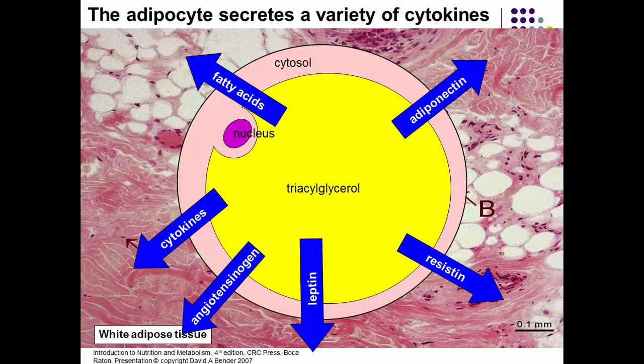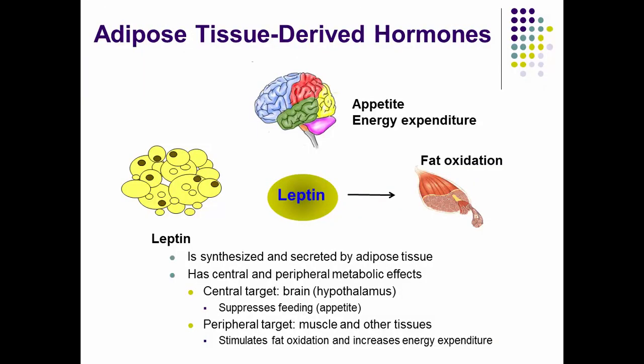Fuel metabolism. So first one, leptin. Leptin is released from adipose tissue, right, and has central and peripheral targets, meaning that leptin released into circulation can go to the brain and regulate appetite and energy expenditure, and also can go to the muscle and regulate fat oxidation, right?